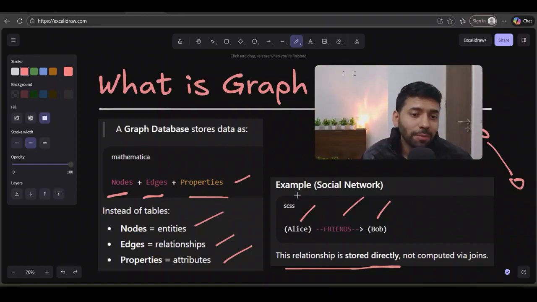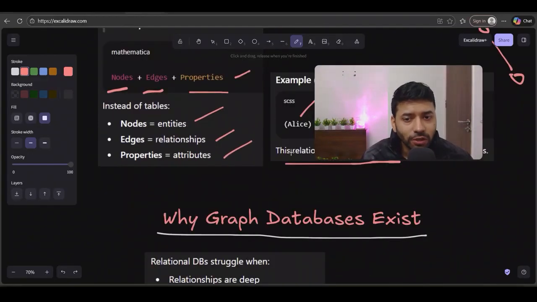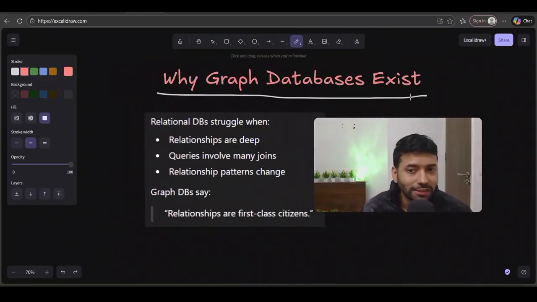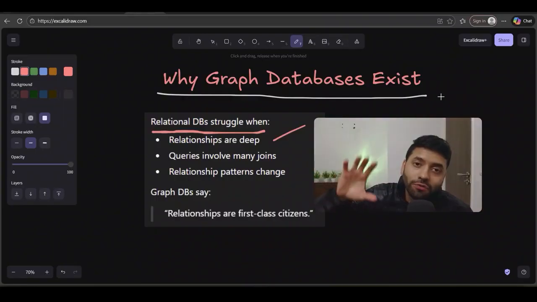Now you may think, because there is a relationship out here, why not use the SQL or relational database? So let's discuss that. Why does graph database exist? Basically, the relational database struggles in the following cases: when the relationships are deep. For example, we talked about the social networking apps, right? You can have friends of friends of friends.